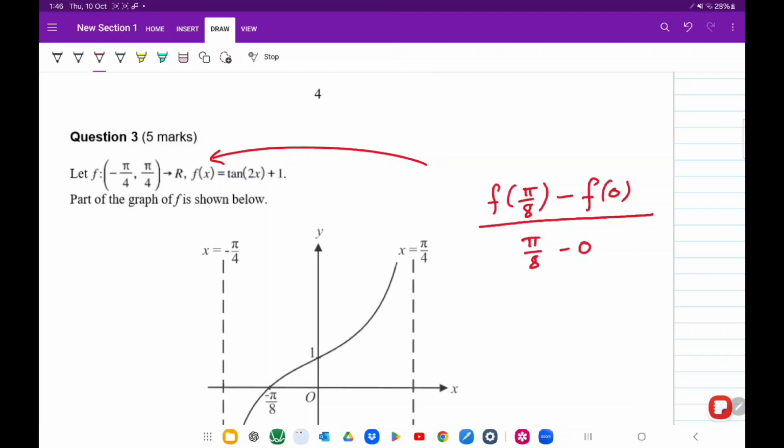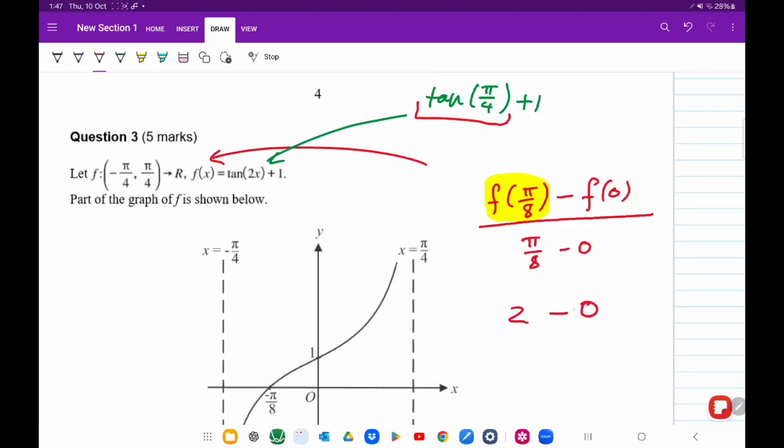Okay, and if we evaluate this, we need to first figure out what f of pi on 8 is. This will be tan of 2 times pi on 8, so 2 times pi on 8 is pi on 4, plus 1. And if we remember our values, tan pi on 4 is 1. So we've got 1 plus 1, which is 2, minus f of 0.